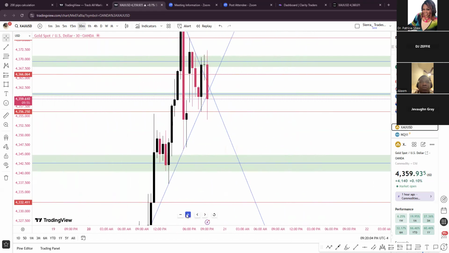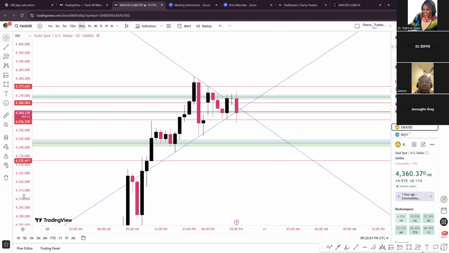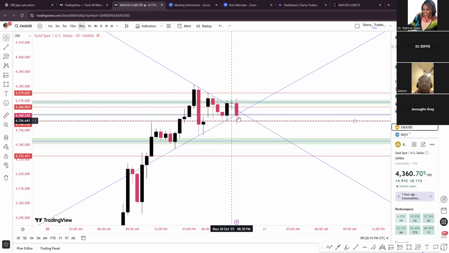Yeah, because look at this 30-minute candle here. Our 30-minute looks like price is still inside of the wedge.